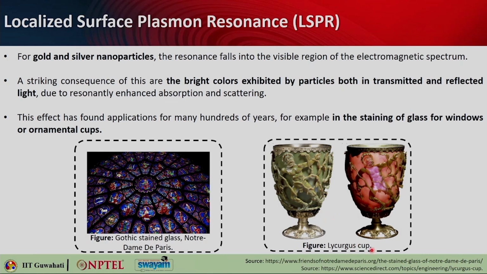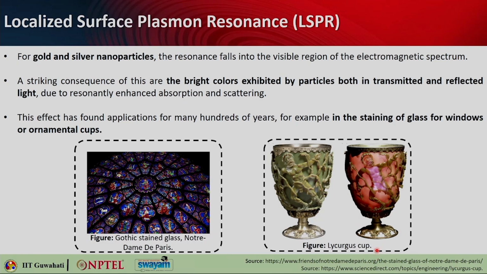These are basically the colors coming out from the resonance of the nanoparticles. Similarly, the Lycurgus cup looks different in color depending on illumination. When illuminated from outside, it looks like a green cup. But when the light source is inside, what you see is the light that is not absorbed.